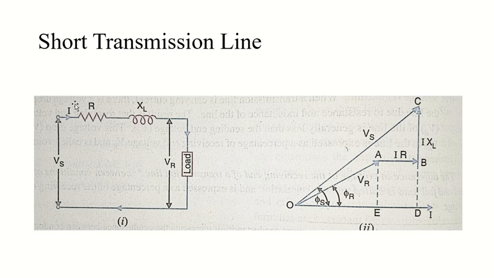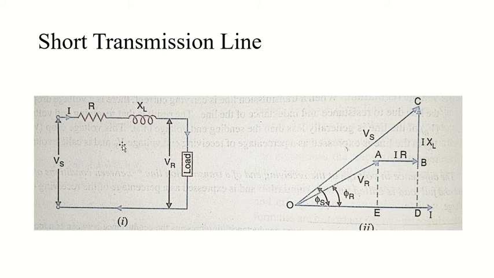The total resistance and inductance are shown as concentrated, or you can also call it lumped, but in actuality they are distributed over the entire line equally. The load is connected over here.